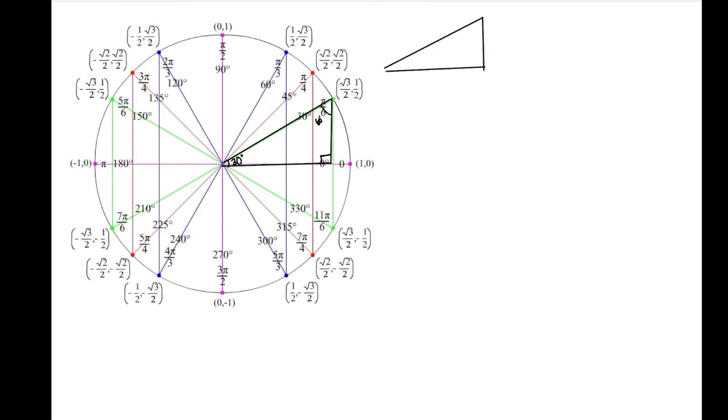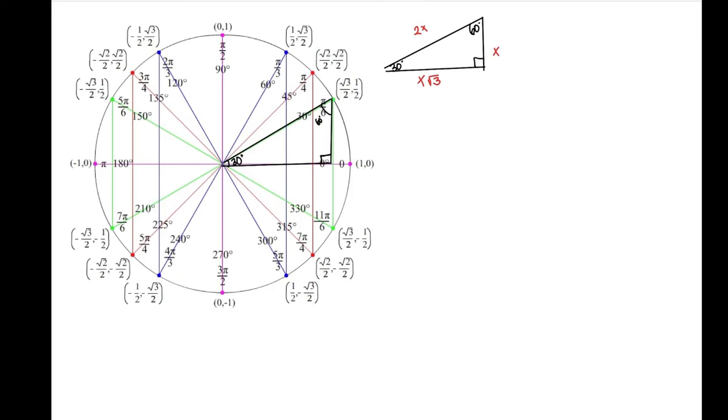All right, so I know that this is 30 degrees, 60 degrees, and 90 degrees. In my 30, 60, 90 triangle, I know that the smallest side is 1x, the hypotenuse is 2x, and the bottom side here is x times the square root of 3.